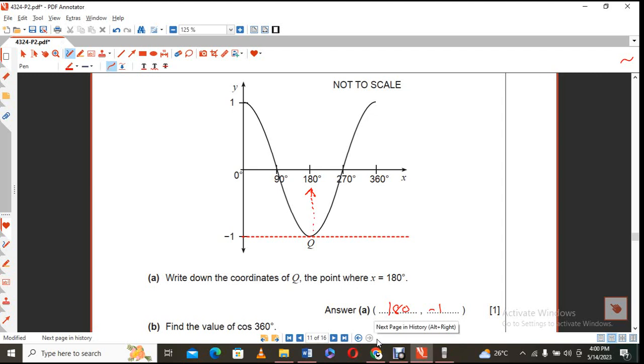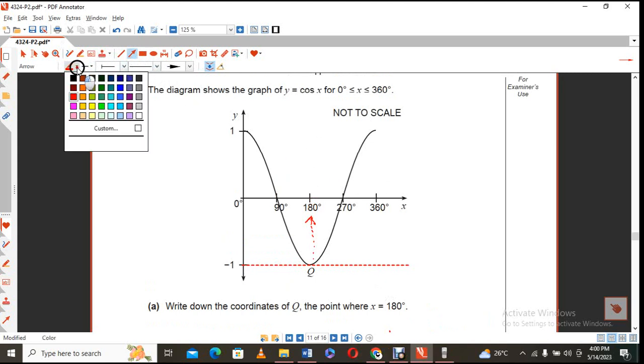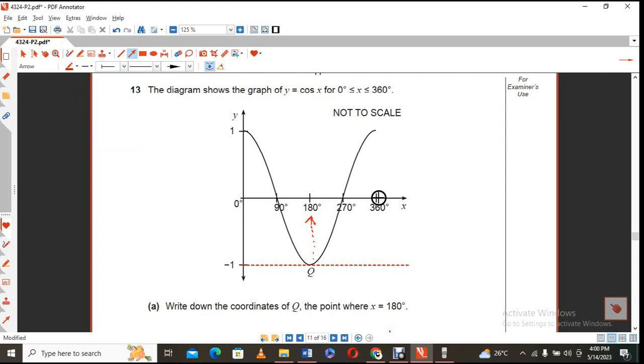Find the value of cos 360. Of course, that means you go up here. Let's just change that color. From here to there, that is what we're looking at. And we're going to read down whatever that answer is. Of course, it's 1. So you're just going to use your diagram, and then you can be able to solve the question.